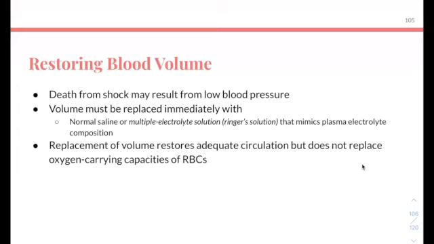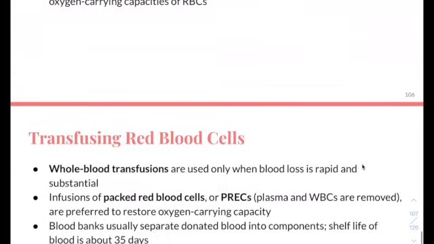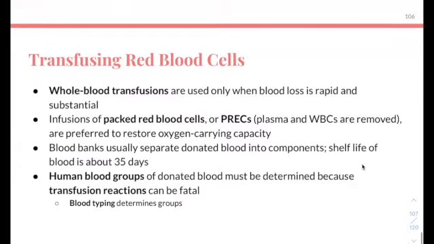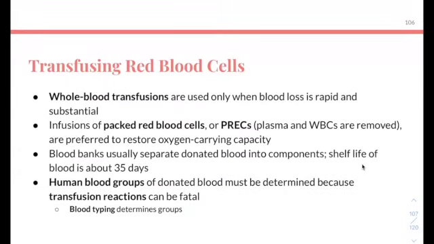Replacement of that volume restores adequate enough circulation, but it doesn't replace the oxygen capacity of the red blood cells, unfortunately. So they end up using whole blood transfusions as well. But that's only when blood loss is rapid and substantial. So there's a lot of blood loss and it happens very fast.